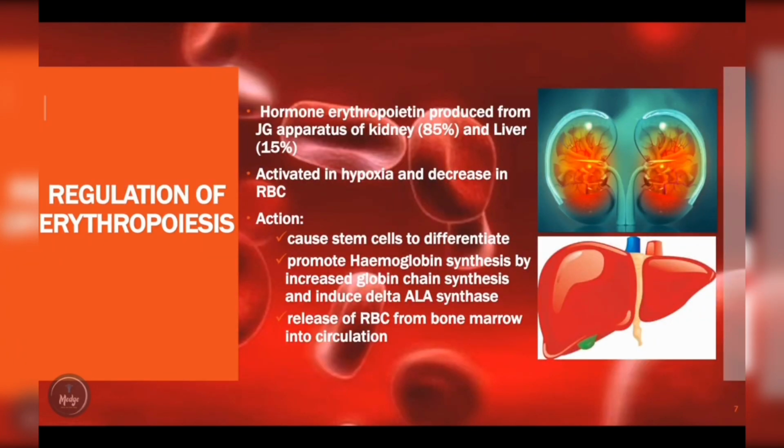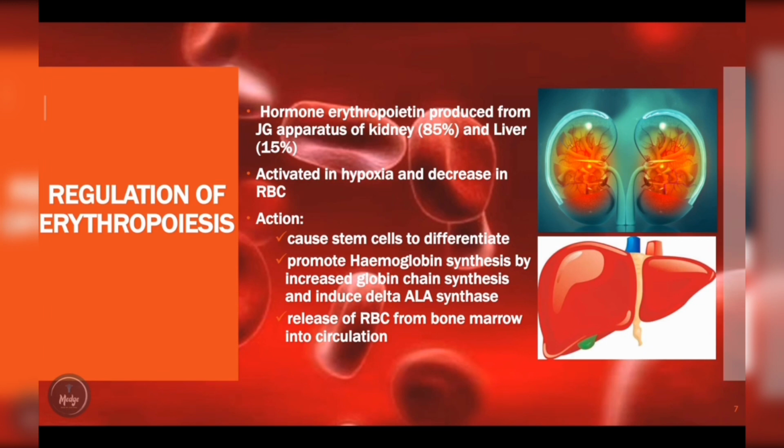So, regulation of erythropoiesis. Erythropoiesis is mediated by a hormone called erythropoietin, which is produced from the juxtaglomerular apparatus of the kidney in 85% and in the liver in 15%. It is activated under hypoxic conditions, that is a decrease in oxygen, and under anemia, a decrease in RBCs, as well.